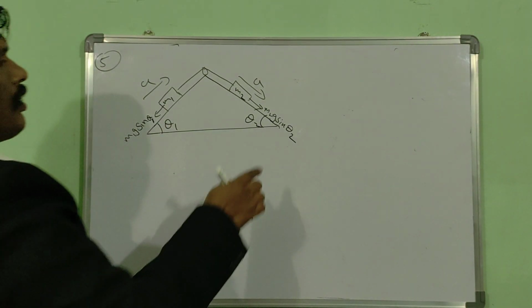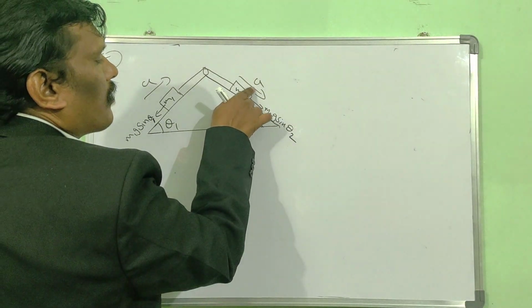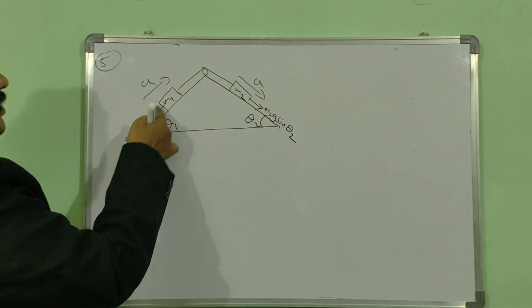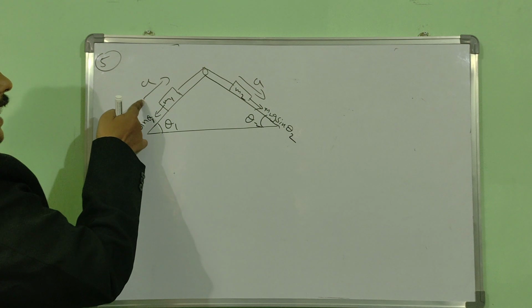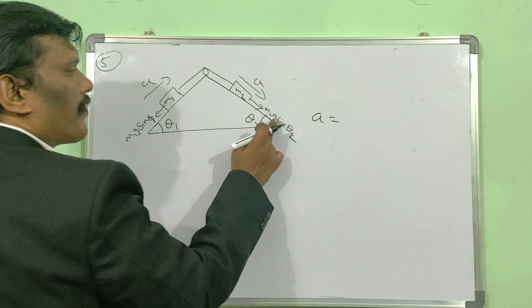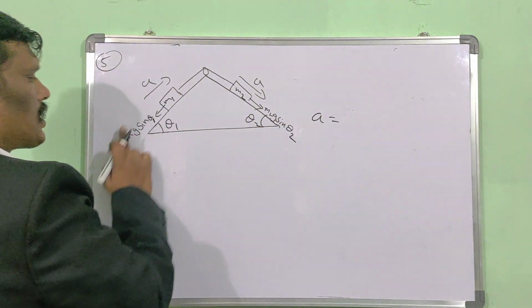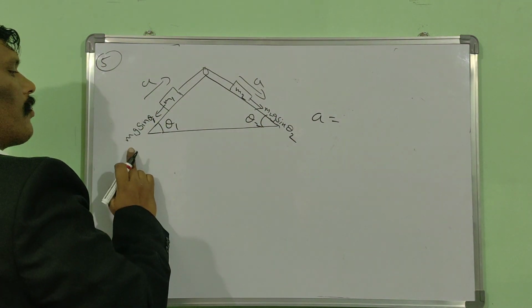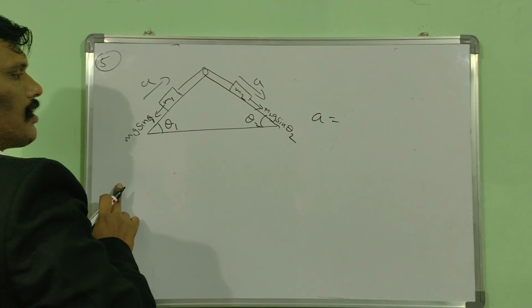In this system, this weight is in the direction of acceleration. This weight is opposite to the acceleration of the system. So from this weight I need to subtract this weight, because it is acting opposite to the acceleration of the system.